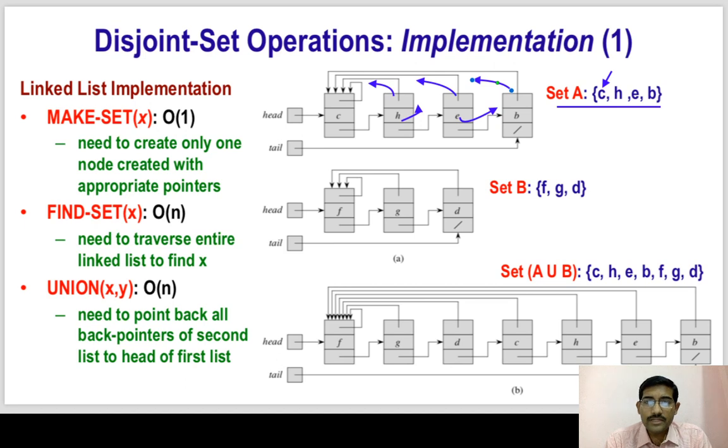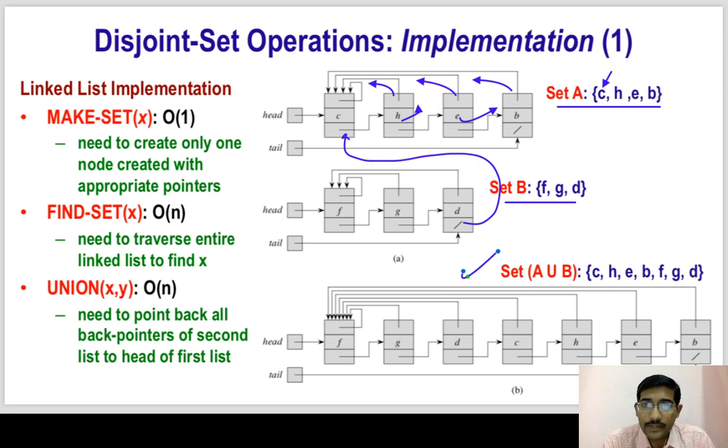Now if I have to make a union between two such linked list representations of disjoint sets, we can simply put the end pointer to the beginning of the other set.